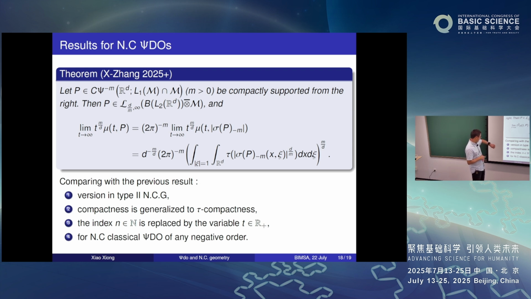So just some remarks about this theorem. Firstly, here we have some von Neumann algebra. So in this way, this is a version in type 2 of noncommutative geometry. And secondly, here we don't need to assume this P to be compact.